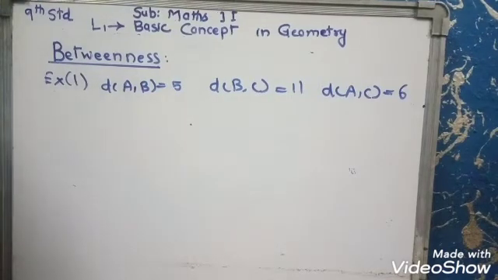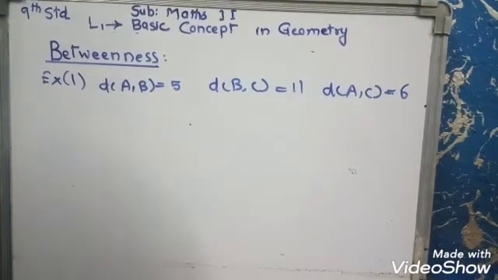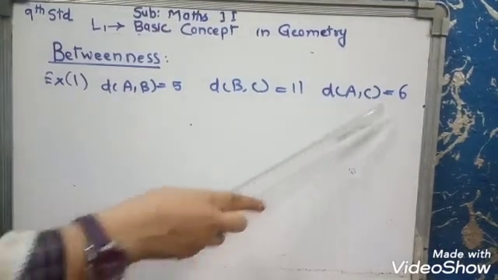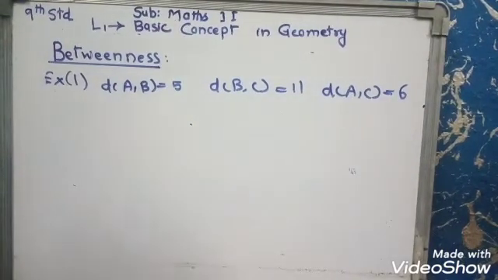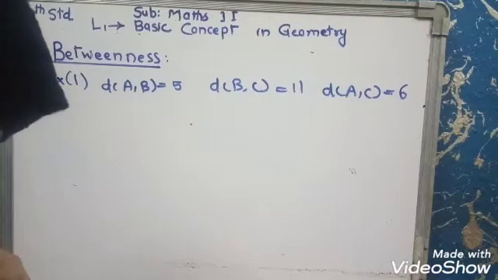On a number line, points A, B and C are such that distance AB is equal to 5 unit, distance BC is equal to 11 unit and distance AC is equal to 6 unit. Now, which of the points is between the other two?